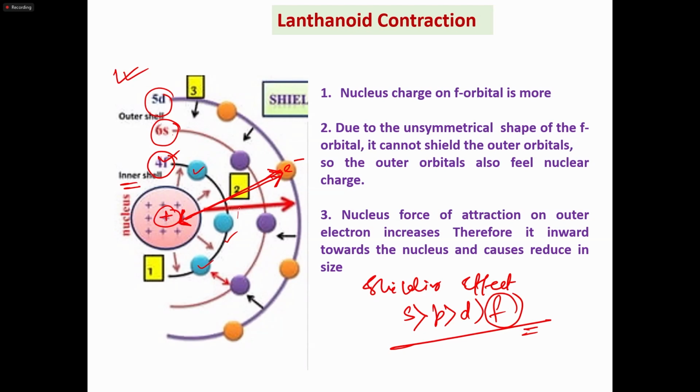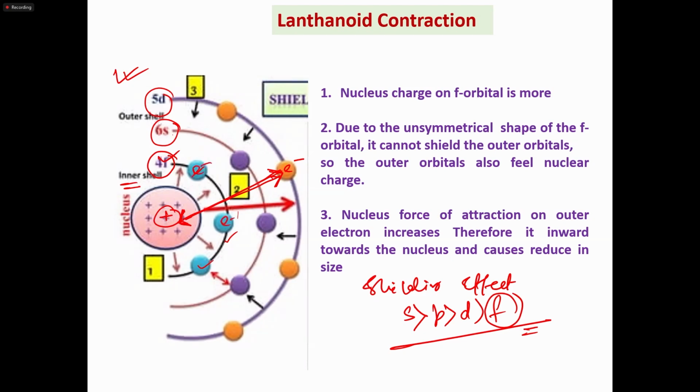That is called poor shielding. So due to this poor shielding, the attraction will be higher than otherwise. Now when the atomic number is increasing, suppose three electrons are present.